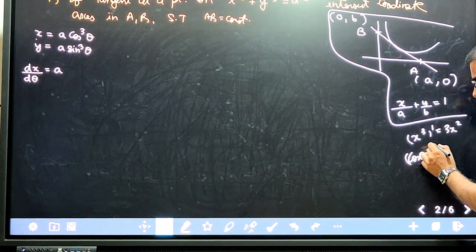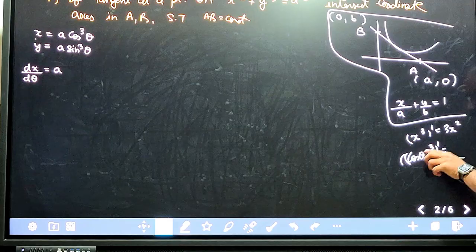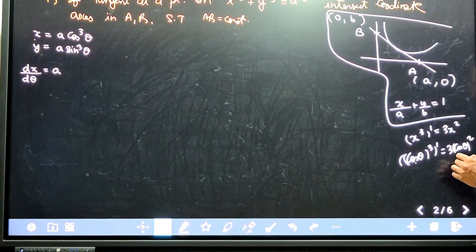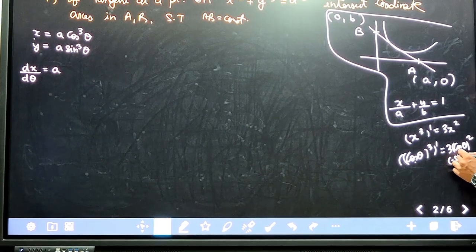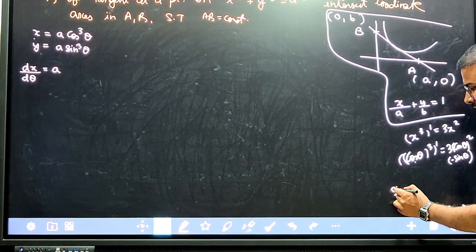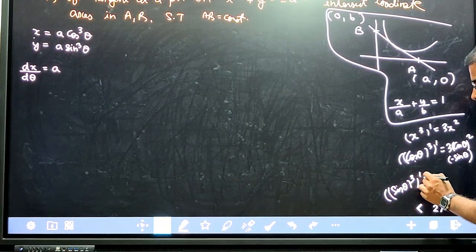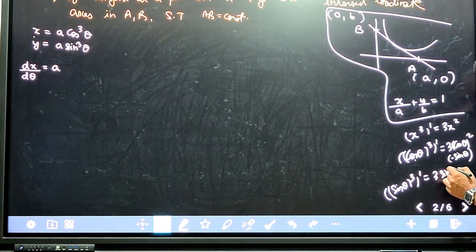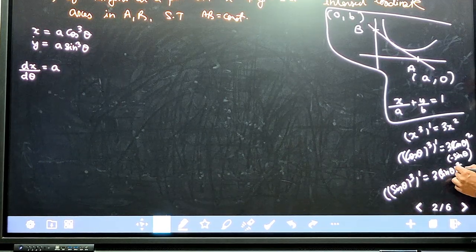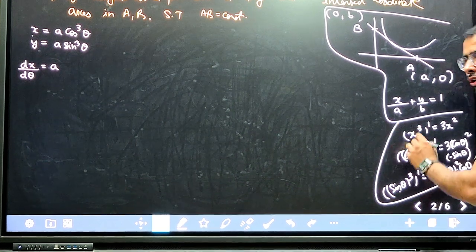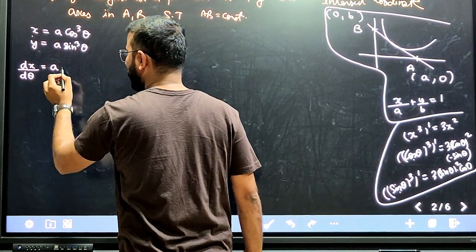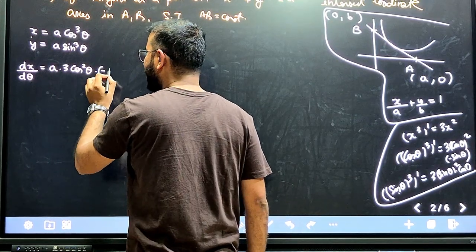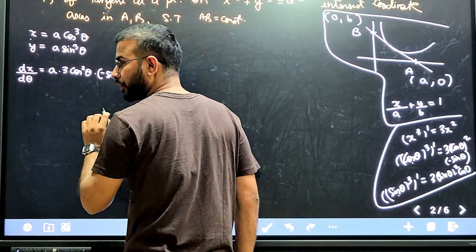So for cos theta whole cube, first it is 3 cos square theta, and then you differentiate what is inside: the differentiation of cos theta is minus sine theta. Similarly, for sine theta whole cube, it is 3 sine square theta, and then you differentiate sine theta, which is cos theta. So the differentiation of cos cube is 3 cos square theta times minus sine theta, and obviously we are differentiating with respect to theta.